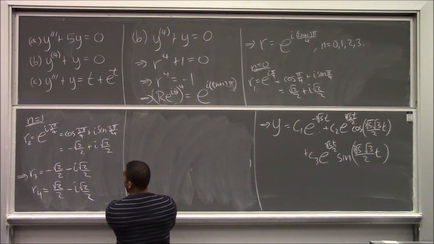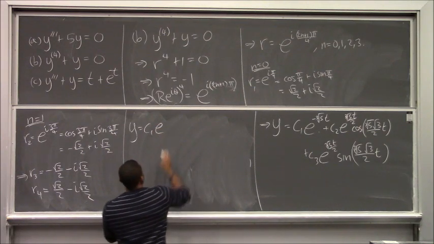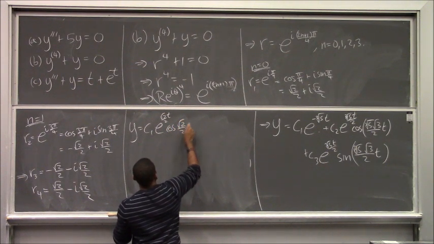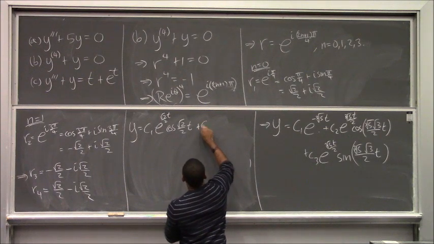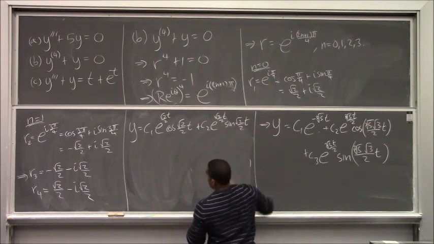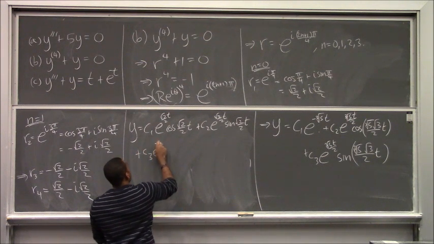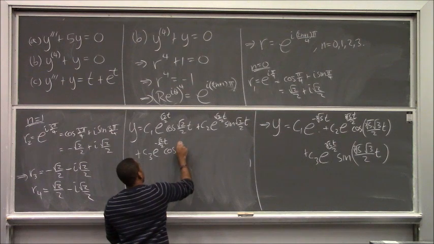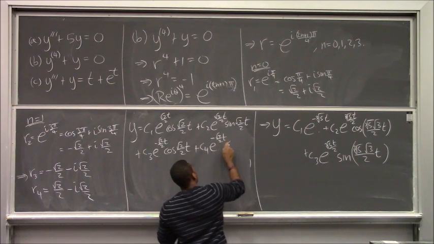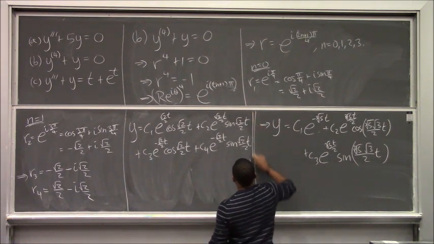So, finally, we have y equals c1 e to the radical 2 over 2 t cosine radical 2 over 2 t plus c2 e to the radical 2 over 2 t sine radical 2 over 2 t plus c3 e to the minus radical 2 over 2 t cosine radical 2 over 2 t plus c4 e to the minus radical 2 over 2 t sine radical 2 over 2 t. That's that answer.